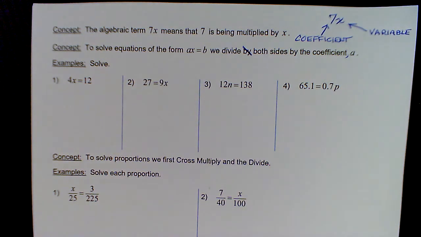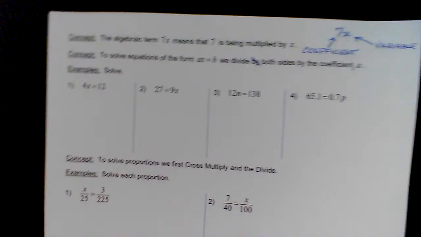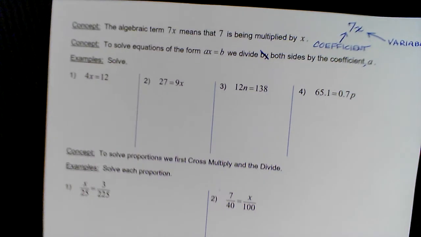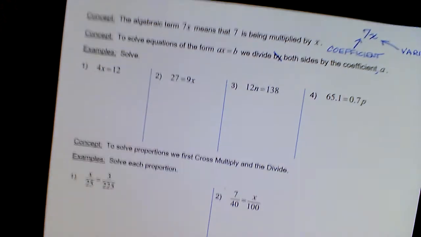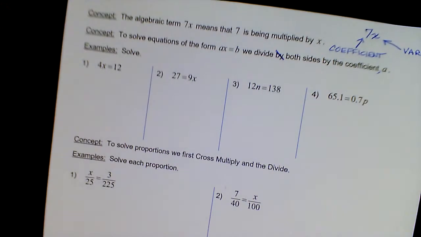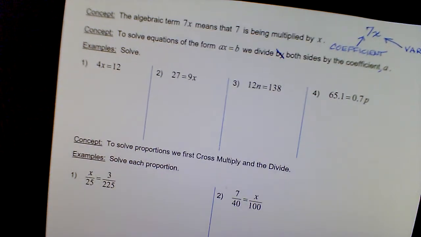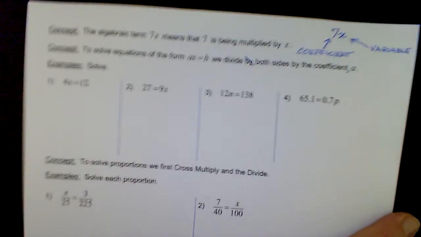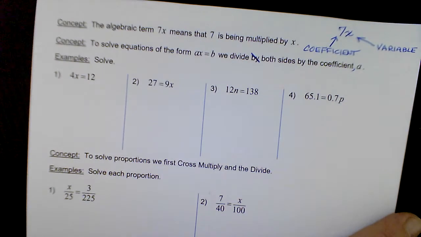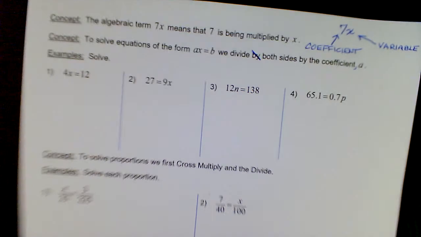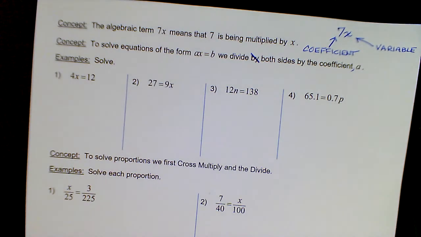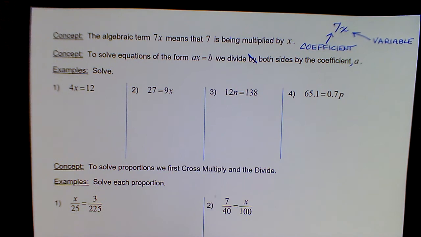Don't be intimidated by algebra, because algebra is just some simple steps that lead to logical solutions. If I just told you 4x is 12, and I said, well, what's a number that makes that true? Hopefully everybody would say 3, right? And that would be, of course, because 4 times 3 is 12.